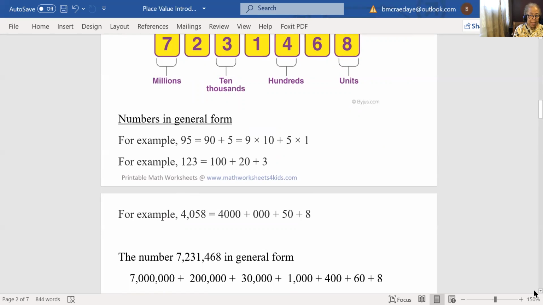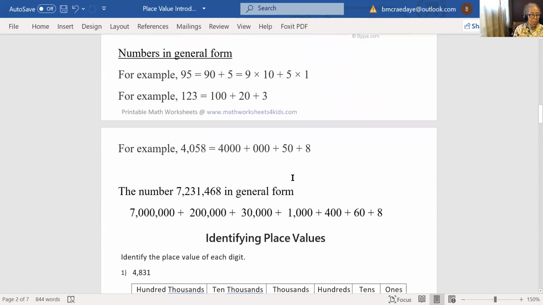Okay, let's take the number we had up there, the bigger number in the general form, which we said in words was 7,231,468. So the 8 represents the 1, so we have 8 here. The 6 represents the 10, tens. 6 times 10 is 60.